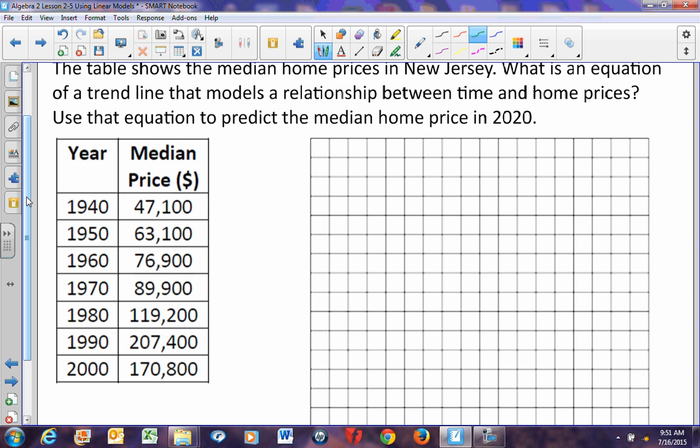So the first thing I'm going to do is, I don't want to have to graph from 0 to 1940, so I'm going to let 0 equal 1940. From there, I can just go by 1940, 1950, 1960.